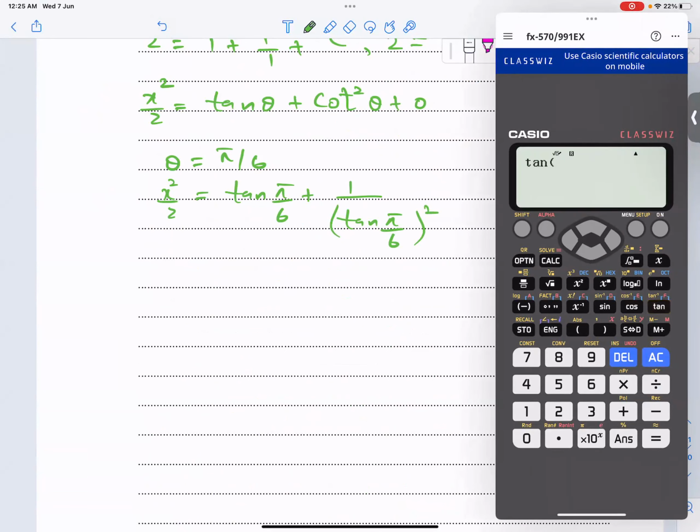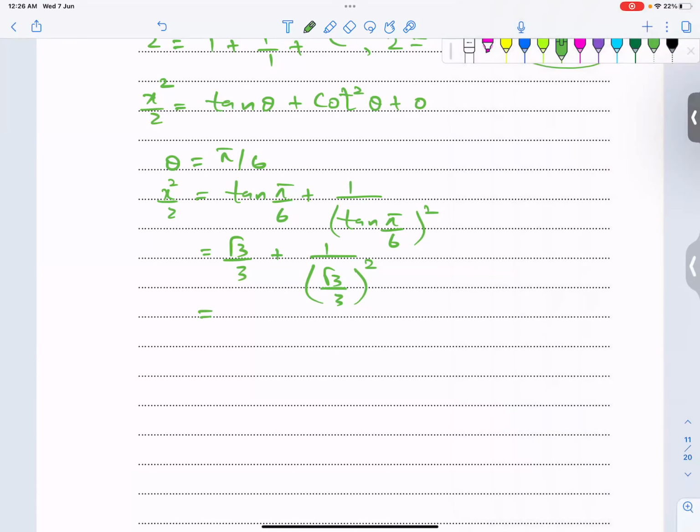Tangent of pi divided by 6 is square root 3 over 3. So square root 3 over 3 plus 1 over square root 3 over 3, then it's square. This will become square root 3 over 3 plus 1 over 3 over 9.